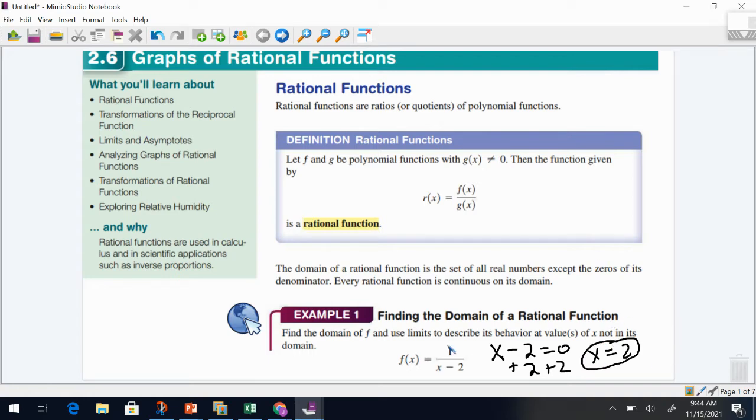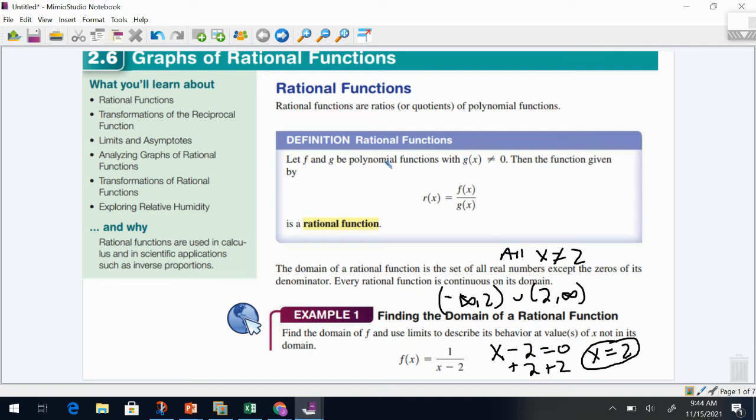That's the number the denominator can't equal. So when I'm asking you to find the domain of f, the domain is negative infinity to 2, and then 2 to positive infinity, because 2 would make the denominator equal to 0. They might say all x, and x can't equal 2. Then it says use limits to describe its behavior at its value.